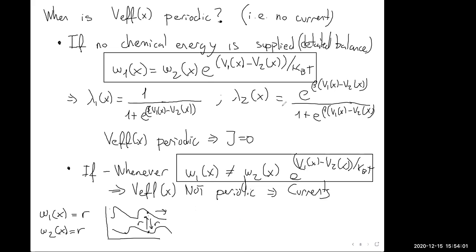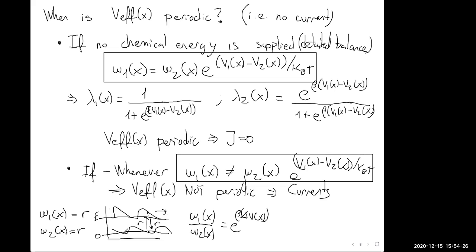Maybe this is a bit not obvious, but this is the case where there is no current. The rate omega-1x divided by omega-2x should be e to the delta E with beta, no? So here, let's say this is potential 0, and this is potential, let's say V or E, for example.